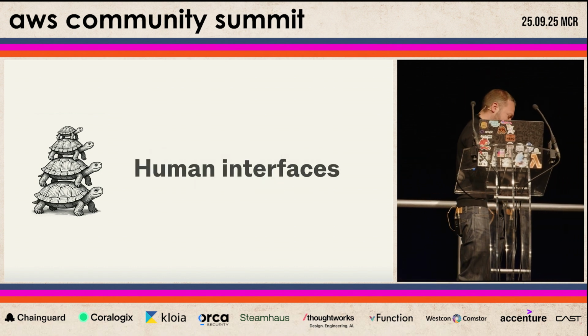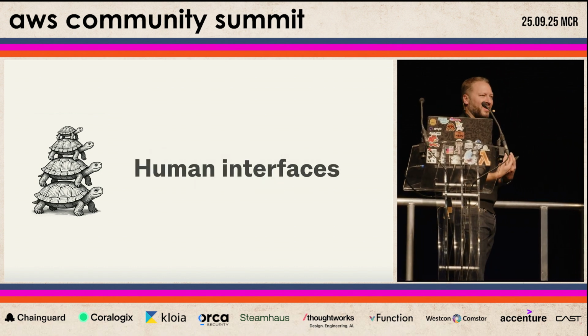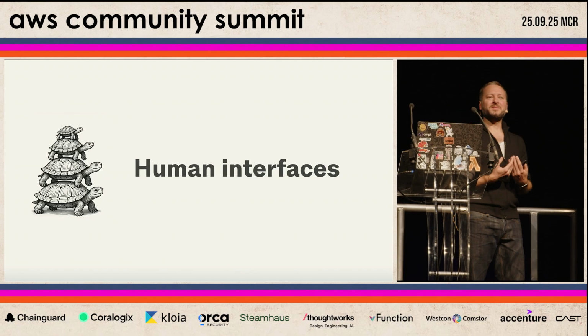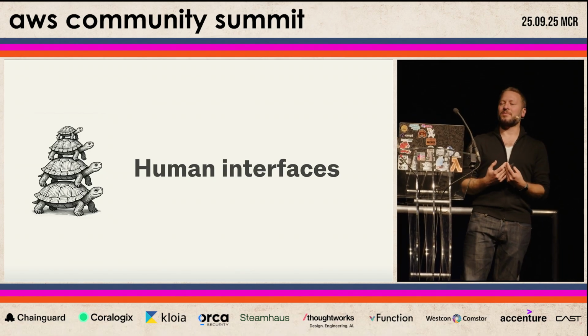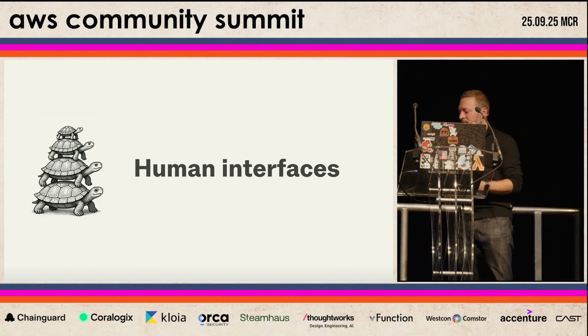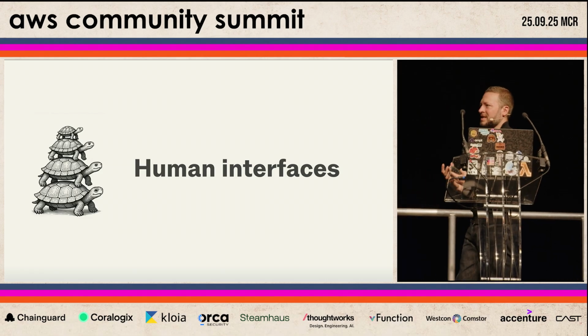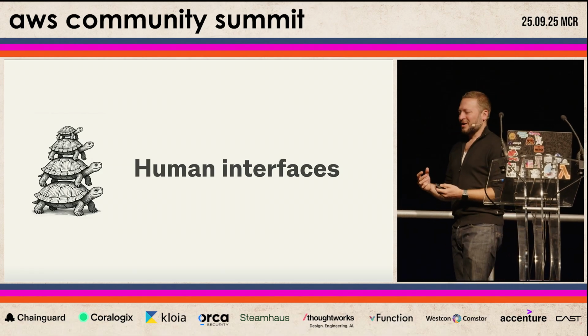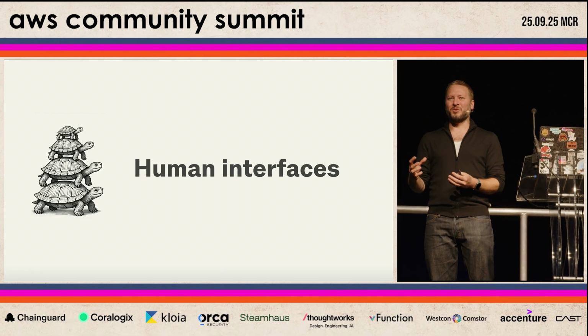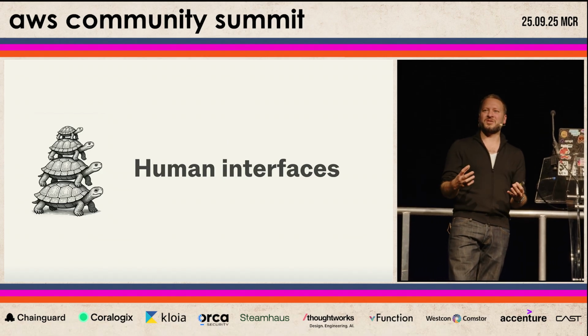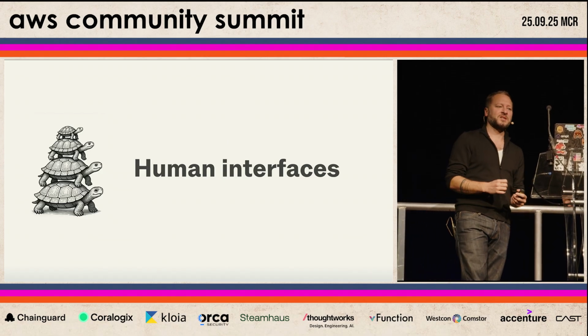And one very interesting area where you can apply this same idea is in human interfaces. So if you look at a team, it is considered a system. If you talk to any social scientist or behavioral scientist or organizational scientist, they will say, yes, a team is a system.